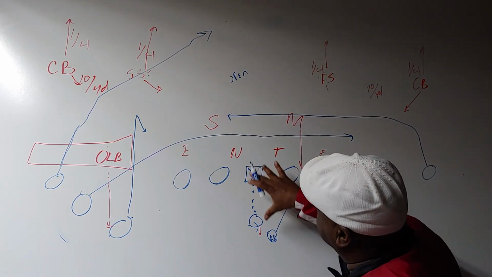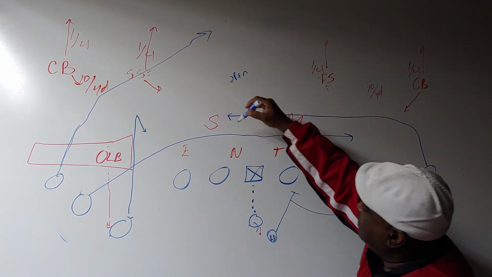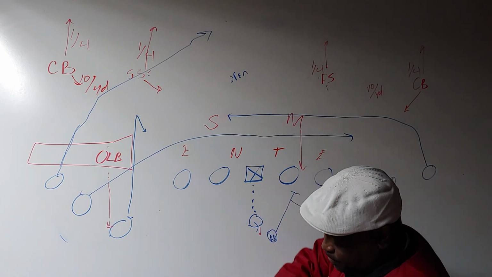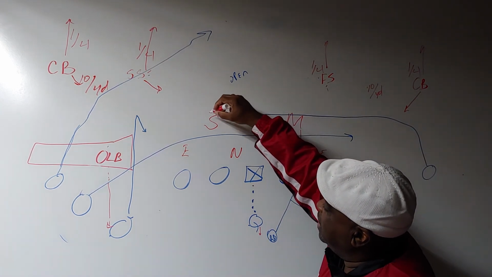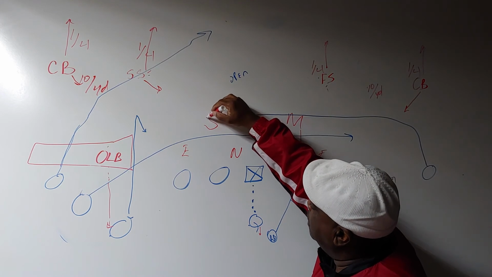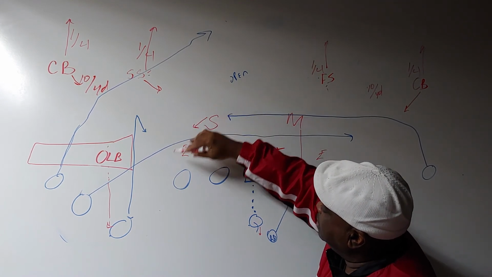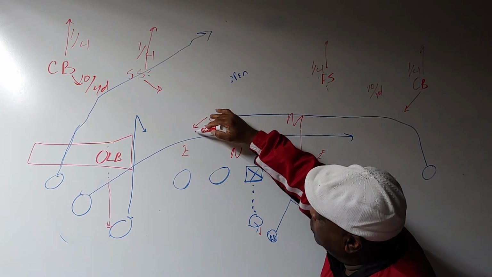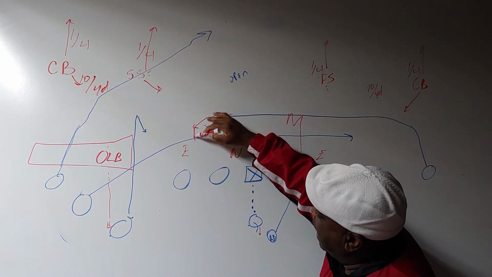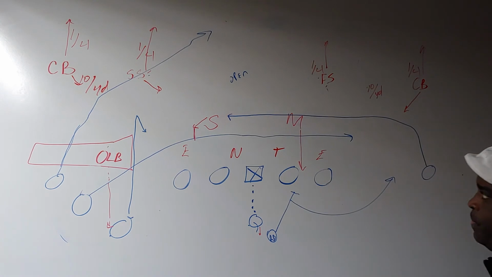This middle linebacker, if he's blitzed, the safety is going to check in here. I mean, this Sam linebacker, his job is to look to see if anybody's coming across. He might try to push this guy or hit this guy to slow him up.